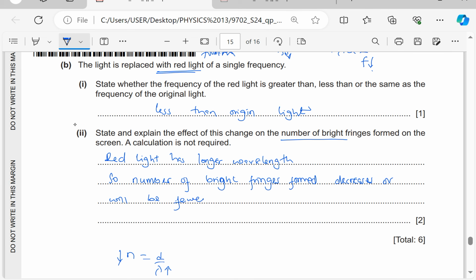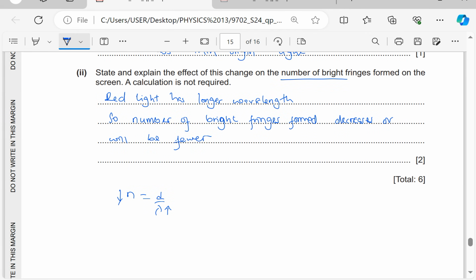So the number of bright fringes decreases, or they will be fewer, because red light has a longer wavelength and n is inversely proportional to the wavelength.